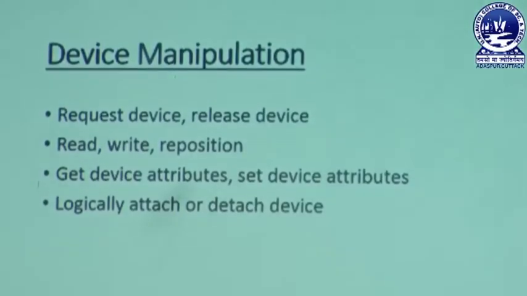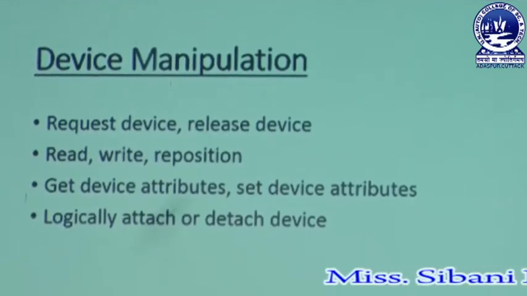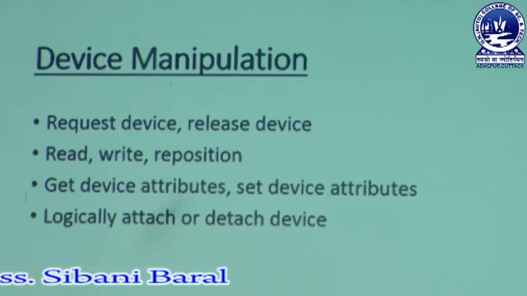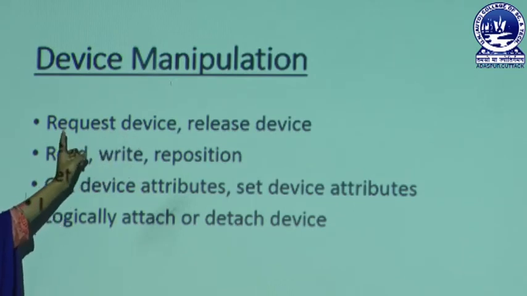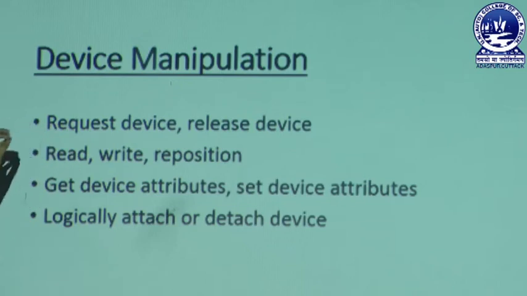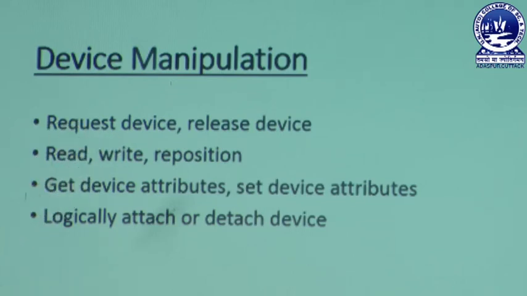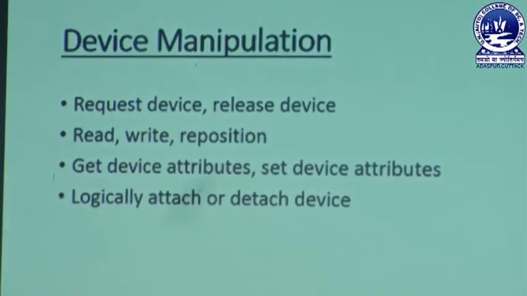The first system call is request device. When a process needs access to a device, it has to request that device to be allocated. So it makes a call, and that system call is called request.